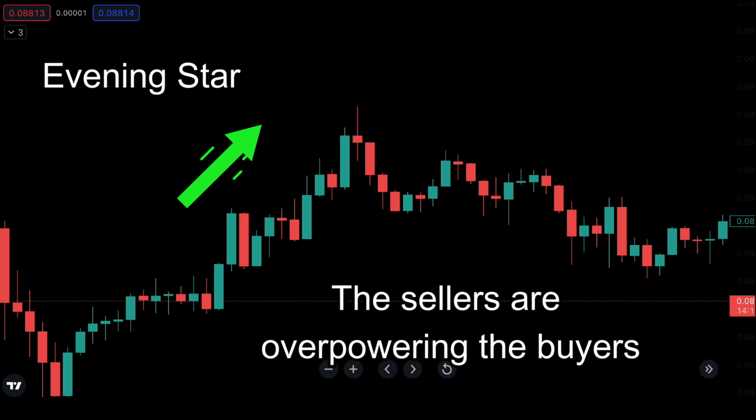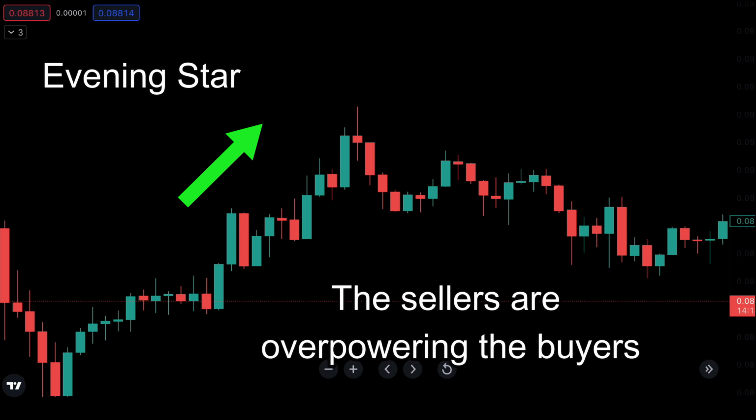An evening star is a topping pattern. It is identified by the last candle in the pattern opening below the previous candle's small real body. The small real body can be either red or green. The last candle closes deep into the real body of the candle 2 days prior, or 2 candles prior.